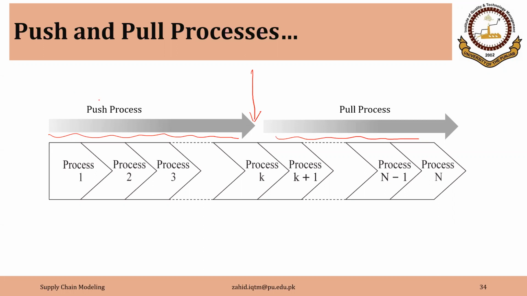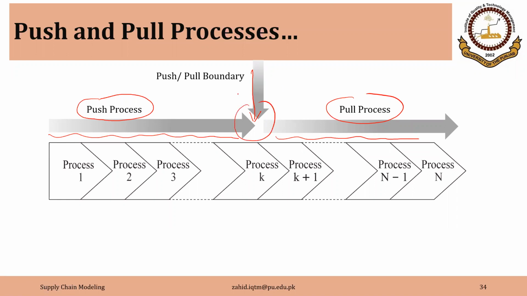Those performed in anticipation are push processes, and those performed after knowing the customer order are pull processes. So that is the two types of processes, and in between is what we call the push-pull boundary.